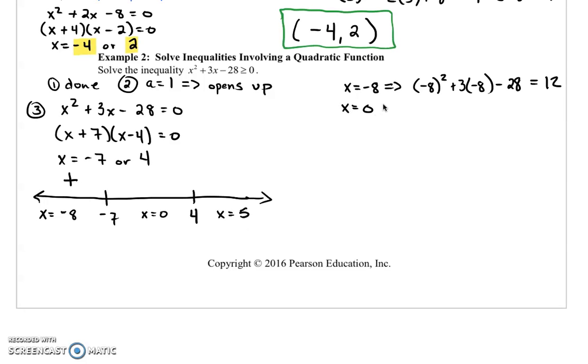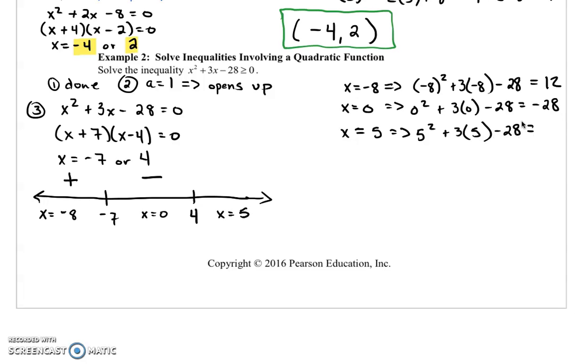If we put 0 in, we get 0 squared plus 3 times 0 minus 28, which is negative 28. And if we put 5 in for x, we get 5 squared plus 3 times 5 minus 28, which is 12 again. So it's positive there also.